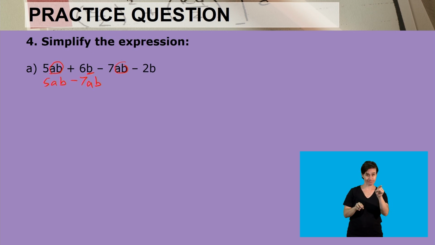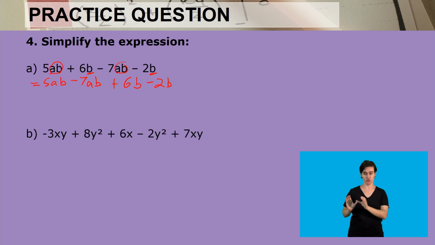And then there's b there and there's b there, so plus 6b minus 2b. Now we group these two, 5ab minus 7ab, which gives us negative 2ab, and 6b minus 2b, which gives us 4b.